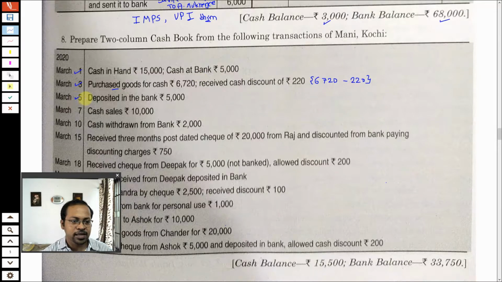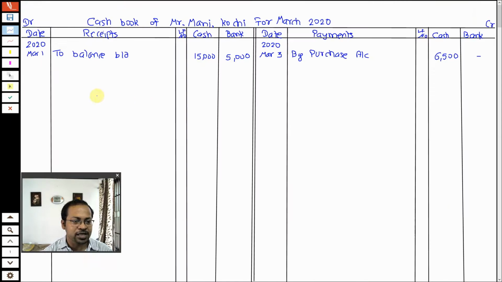Next is on March 5 deposited cash in bank rupees 5,000. So bank balance will increase, bank debit, and cash is going out, cash credit. It is a contra entry on March 5: bank debit, cash credit. So on March 5 bank debit 5,000 and cash credit 5,000.